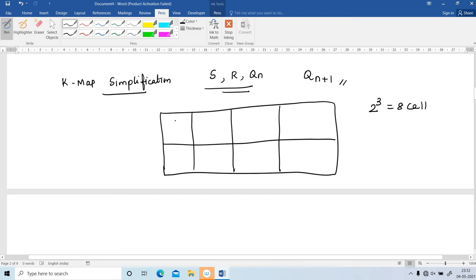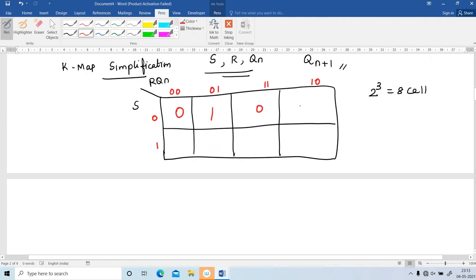So in the 8 cell map, I have to place the values of S, R, Qn. Here put 0, 0, 0, 1, 1, 1, 1, 0. Here 0 and 1. And the values are 0, 0, 1, 0, 0, 1, 1, X and X.